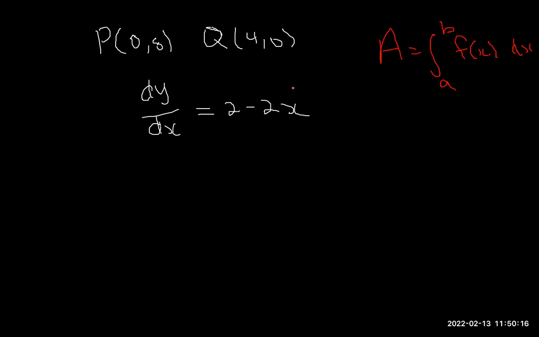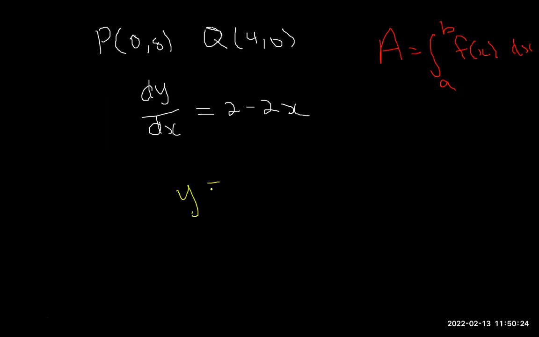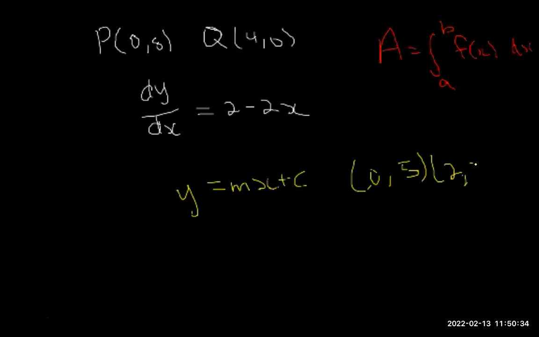Just like when you were doing coordinate geometry, if you had two points lying on a line and you're required to find the c, so if you had y is equal to mx plus c, and they gave you two points on the line, say it was (0, 5) and (2, 3). Let's say you knew that the gradient m was equal to 6.